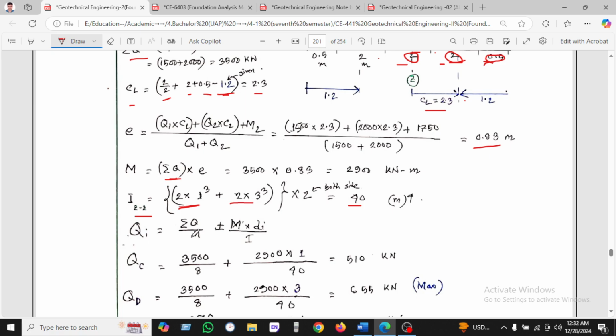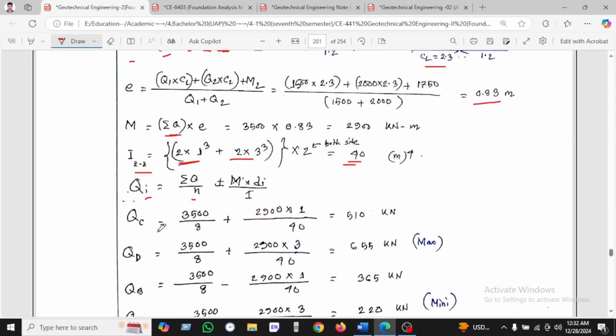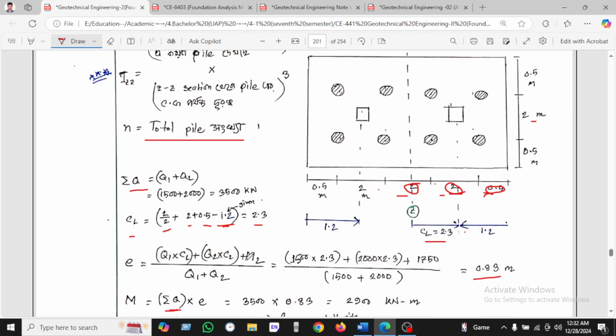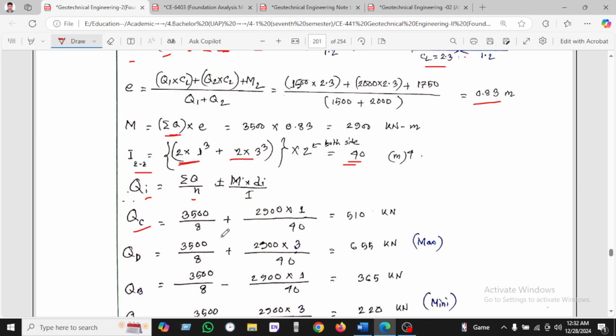And found 40, and qi equal to summation of q divided by n plus minus m into di, and qc for this pi, found 30 into 8 plus 3990 into 1, di equal to 1.